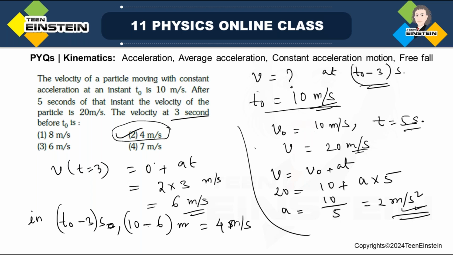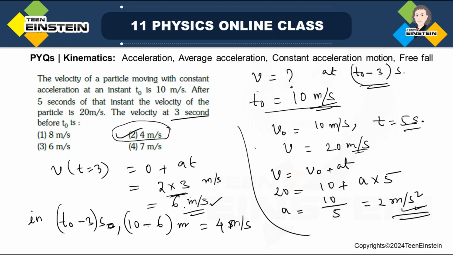But the initial speed is not mentioned anyway. The velocity of a particle moving with constant acceleration, speed is not mentioned initially. How much is the speed? That's why I have taken the initial speed as 0. So in 3 seconds it will gain 6 meter per second. So 3 seconds before, how much would be the speed?